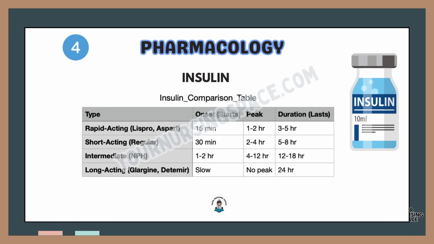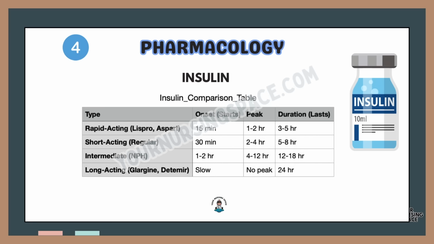What's cool about regular insulin is it's the only one you can give through an IV, which is a lifesaver in emergencies like diabetic ketoacidosis, DKA, when sugar's through the roof and you need to act fast. Stick this in your head with: regular runs 30. It's like, give me 30 minutes to warm up, then I'm ready to roll. The NCLEX might try to trip you up here, asking if you'd give it IV or not, so keep that in your back pocket.